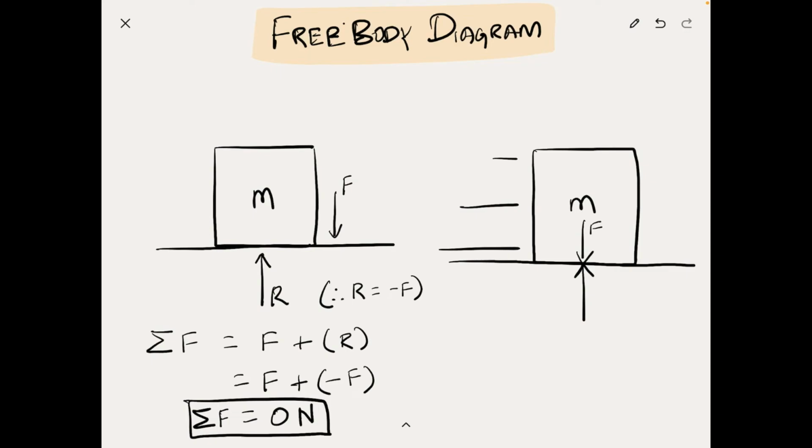So this is F and this will be R like in the previous case, and the body now is in motion, which means in this direction we have some force. Let's call this force Fm, the force causing motion. Now you can see that this body has some contact with the surface.